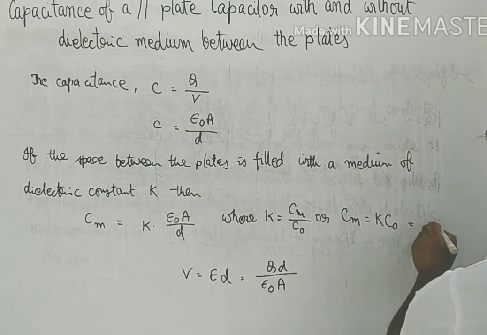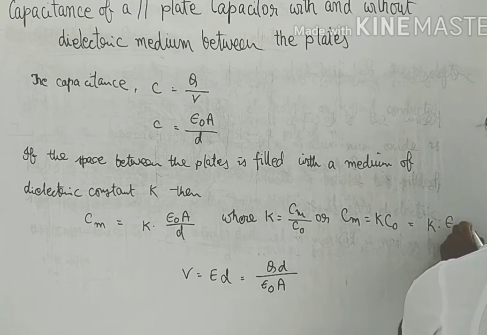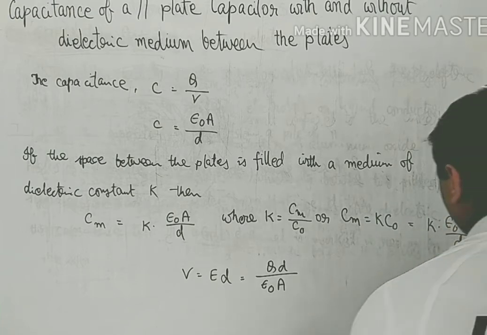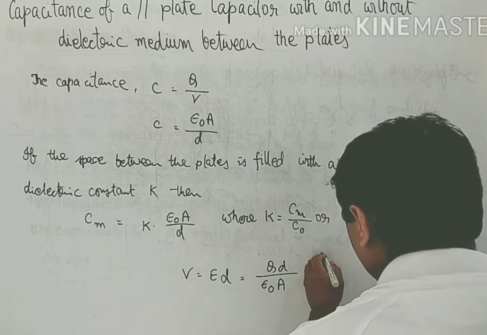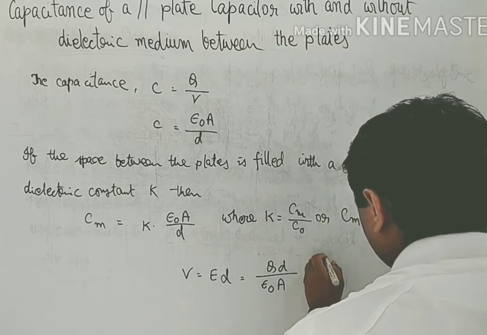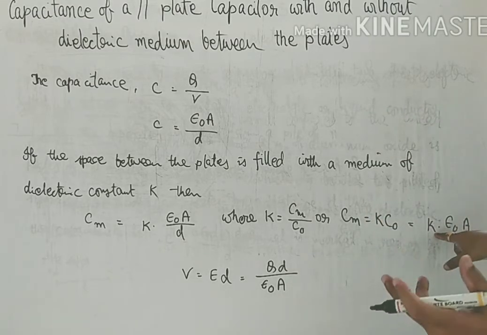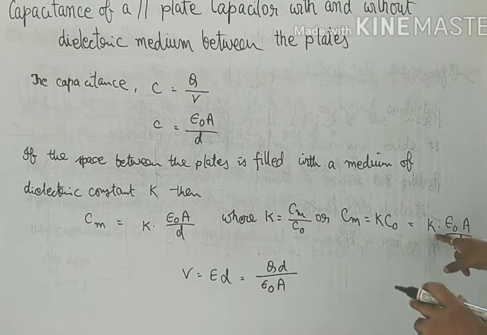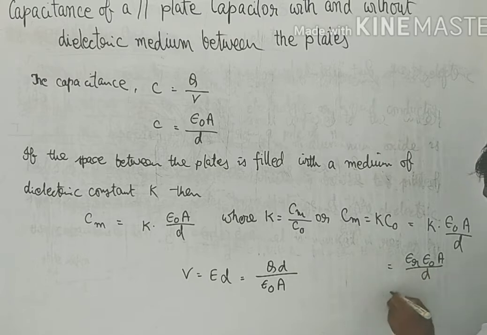Fine. So this is K times epsilon naught A by d. Now what else can you say about this? K is also the relative permittivity, the same as the dielectric constant. So here you can write epsilon r epsilon naught A by d, where epsilon r is the relative permittivity.